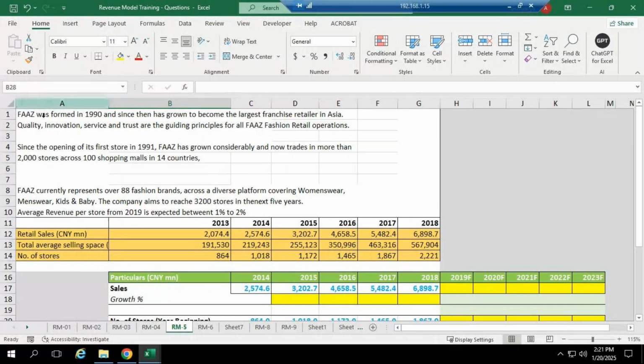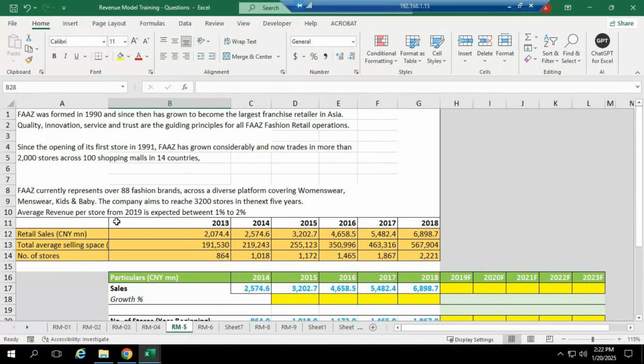Since the opening of its first store in 1991, FAS has grown considerably and now trades in more than 2,000 stores across 100 shopping malls in 14 countries. FAS currently represents over 88 fashion brands across a diverse platform covering women's wear, men's wear, kids, and baby. The company aims to reach 3,200 stores in the next 5 years.